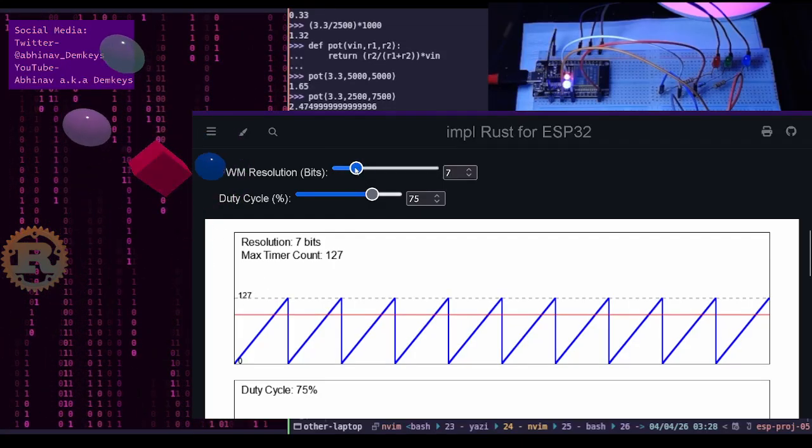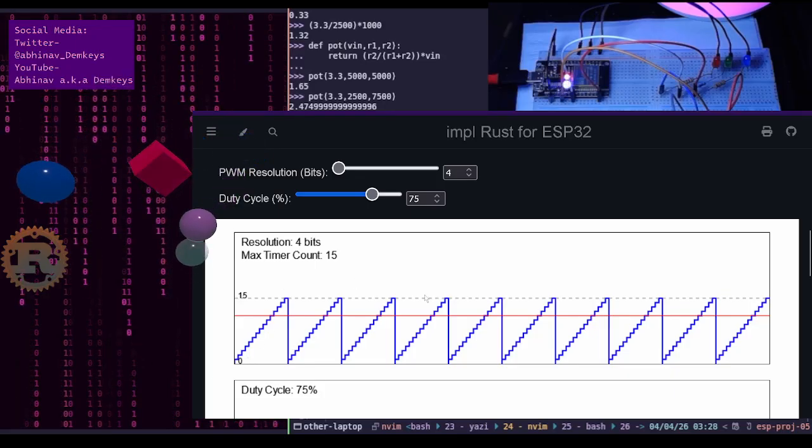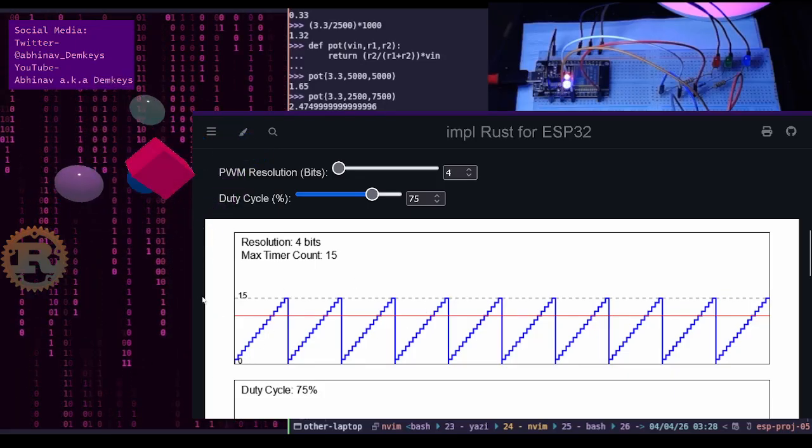So it does show here. I like that it's doing the drawing accordingly, and it's showing it in steps.